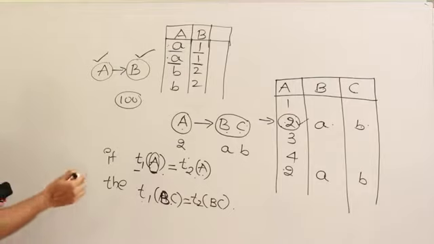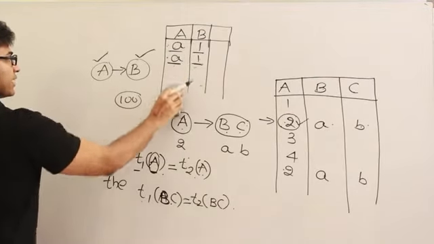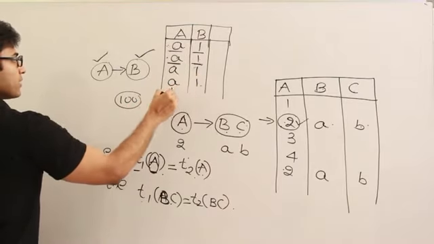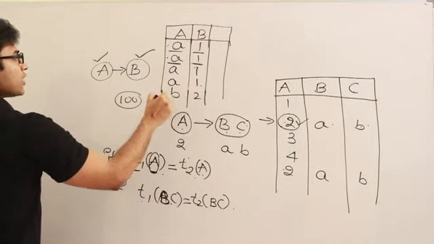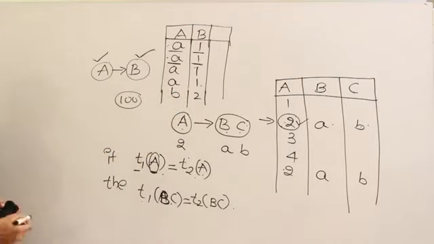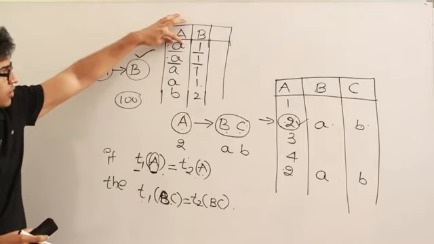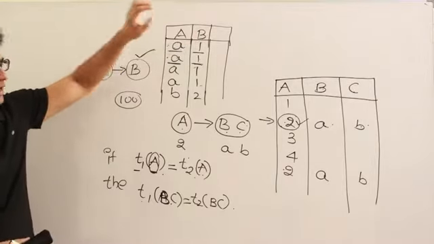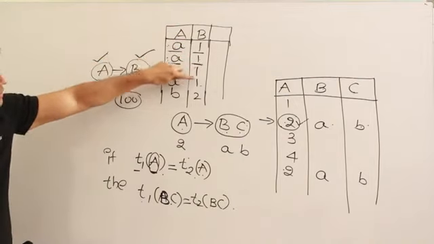So instead of this, I'm just taking an example. Let us say A is having 1 1, and then B, and then let us say 2, or even 1 is also fine. Now what is the meaning of it? Given the value of A, you will always get a unique value of B. Then storing this value of B along with this is going to create all these redundant values.